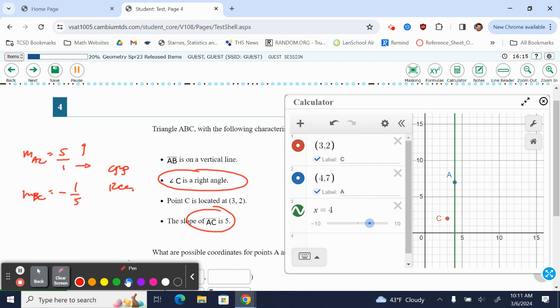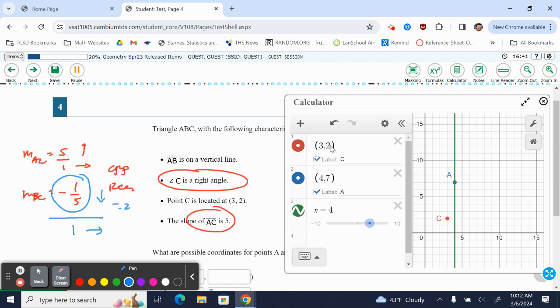Well, watch what I'm going to do. You can make any number into a fraction by putting it over 1. So if I just leave this negative 1/5 as my numerator, put a fraction bar, and put a 1 in the denominator, this would mean that from point C, I would count down 1/5 and right 1. If I go down 1/5 from C, and C is at 2, think of 1/5 as negative 0.2.